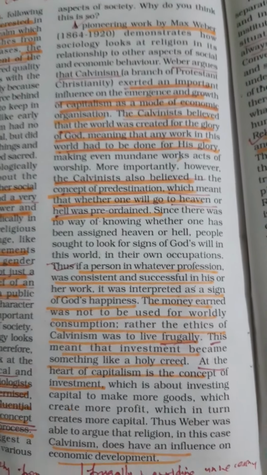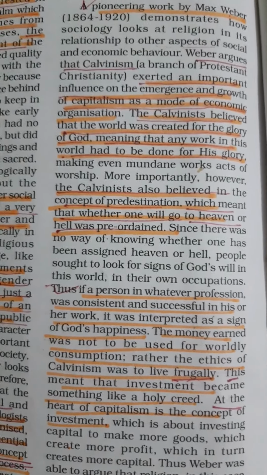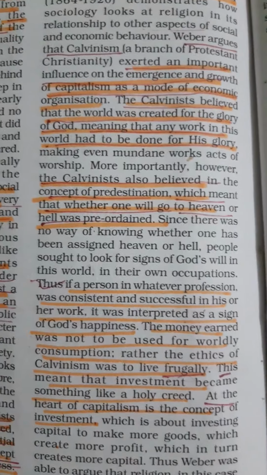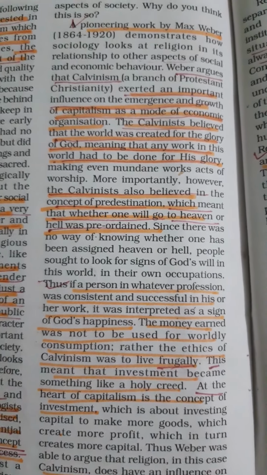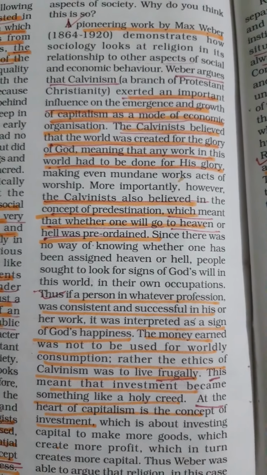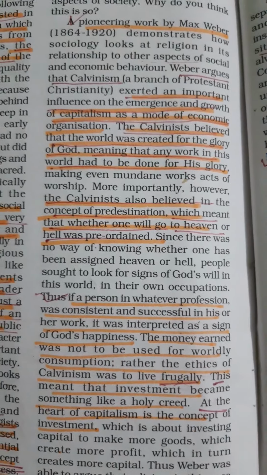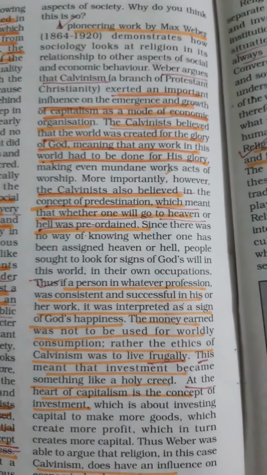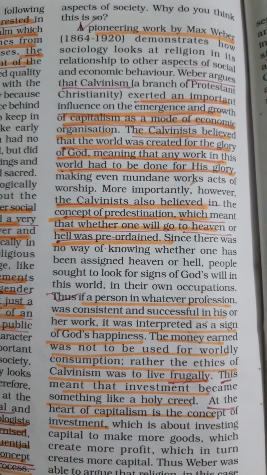Here he talks about the ethics, the principles, of a certain group of Christians known as Protestants. They exerted an important influence on the emergence and growth of capitalism as a mode of economic organization. According to his thesis, the principles and ethics followed by the Protestants led to the emergence of capitalism.